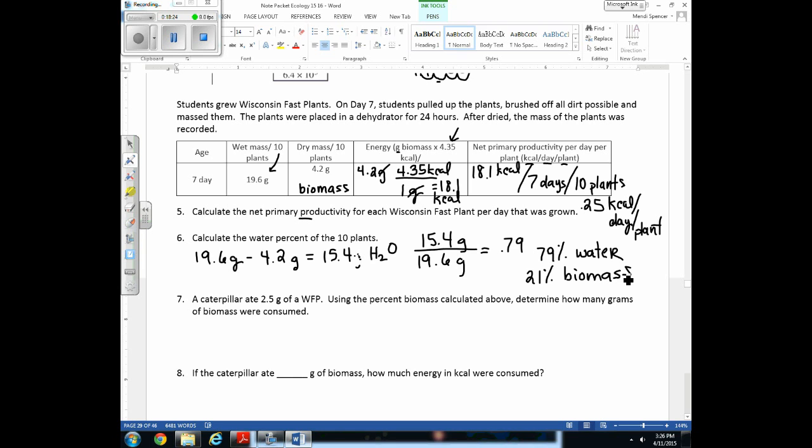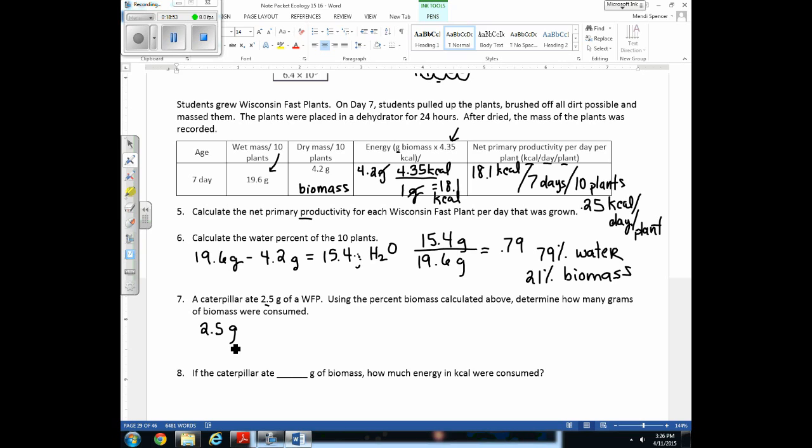It says a caterpillar ate 2.5 grams of a Wisconsin fast plant. Using the percent biomass calculated, determine how many grams of biomass were consumed. We know that that caterpillar ate 2.5 grams of Wisconsin fast plants. But again, it's consuming water and it's consuming organic molecules. And we're just interested in the grams of organic molecules it's consuming, because that's where the energy is that the caterpillar can utilize.